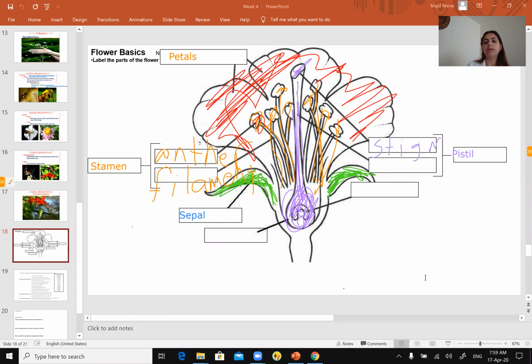Stigma, where pollen lands. Style, where sperm will travel, okay, until it reaches the ovules. And inside, this is the ovary, the outer part. Inside the ovary, we have ovules, okay?